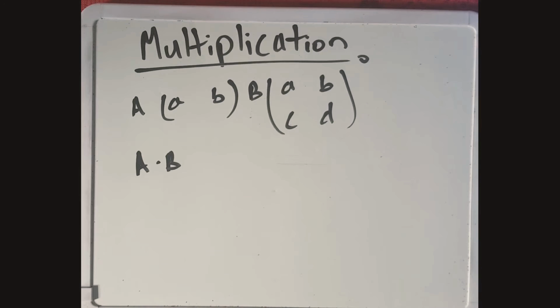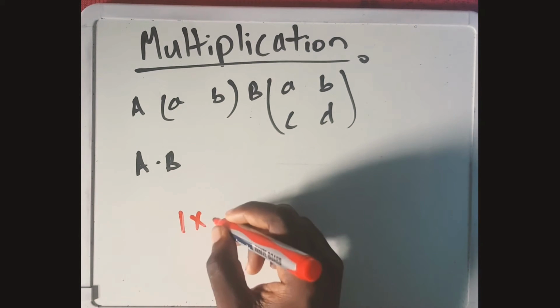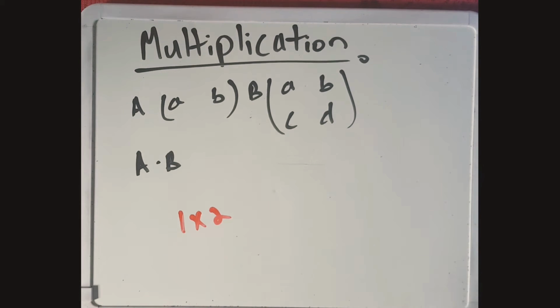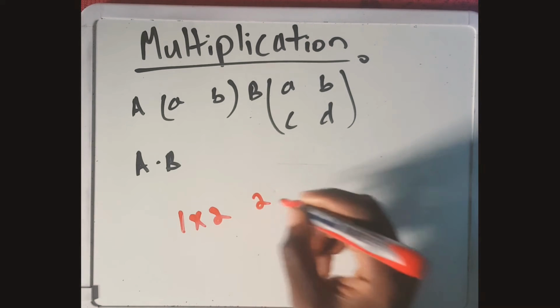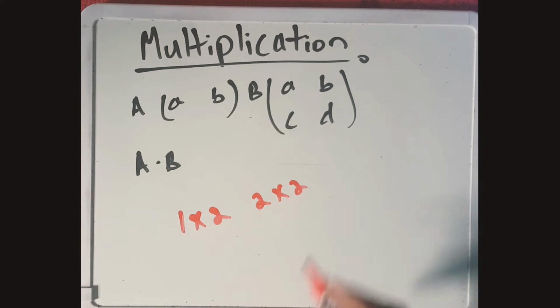My first matrix has 1 row and 2 columns, right? And matrix B, my second matrix, has 2 rows and 2 columns. So that's the order. Now you look at the two inner numbers. Once both are the same, then it is compatible to multiply.